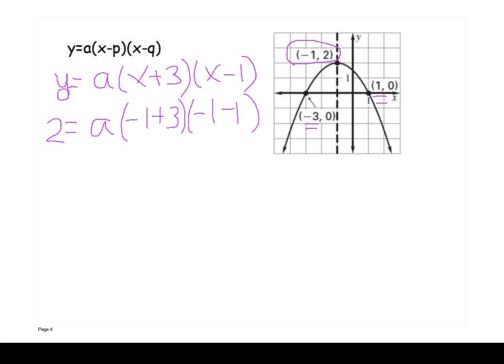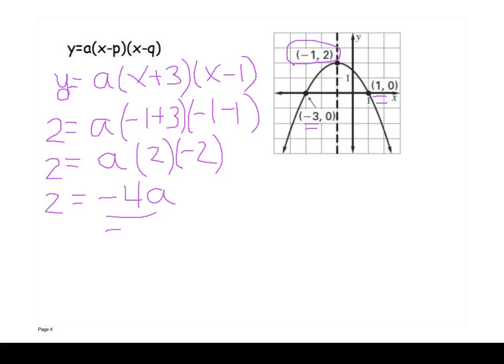Then we simplify and solve for our a value, and this gives us 2 is equal to a times 2 times -2, and that is equal to -4a. So solving for a, we divide both sides by -4, and that gives us -1/2 is equal to a.